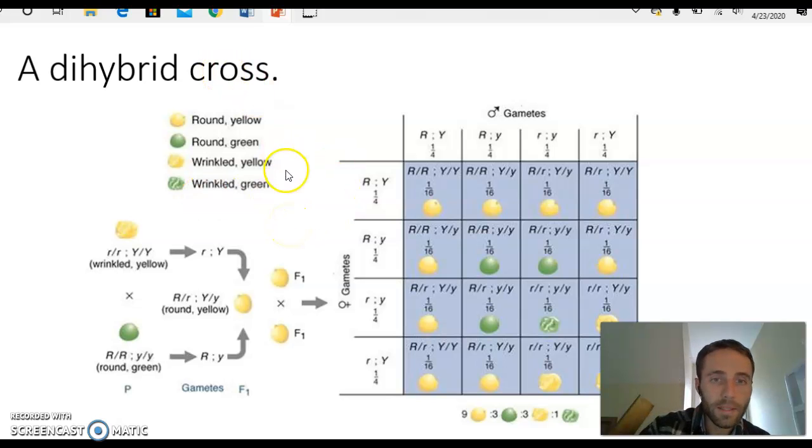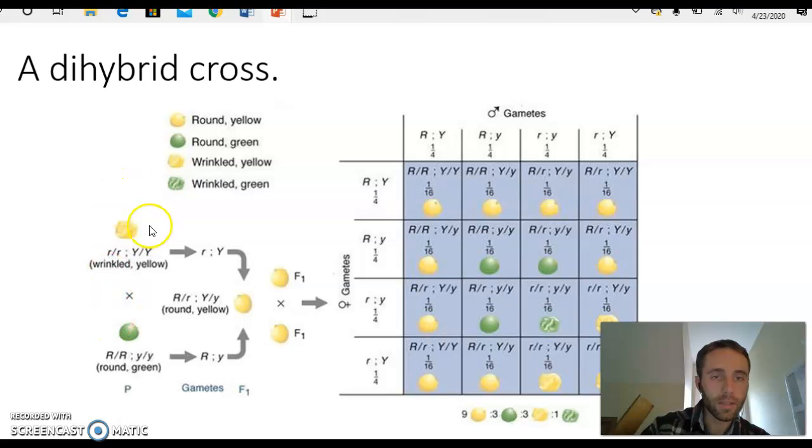In this scenario, I have round and yellow seeds, round and green seeds, wrinkled yellow seeds, and wrinkled and green peas. Yellow is dominant and green is recessive in this situation. Wrinkled is recessive, and round is dominant.